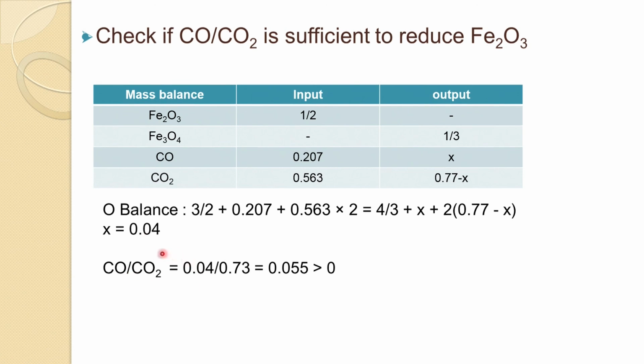If you do the CO2 ratio, then 0.04, 0.73, it comes to 0.055, and it is more than negligible what we needed from hematite to magnetite. So it's quite enough that ratio to reduce the hematite into magnetite.